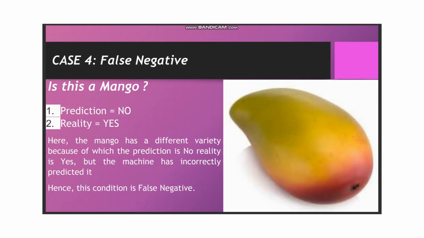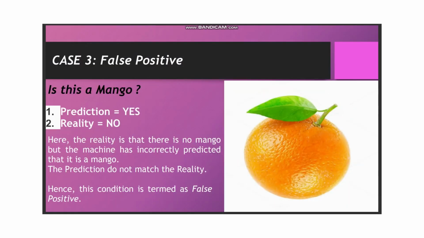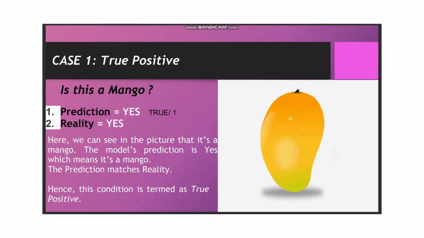That is FN. Now, let me tell you the trick to remember all these four cases, because everything ahead in this chapter depends on these four cases. See, you can see two words in each case. Considering the first word, it has only two options, either true or false. So when will true come? True will come when both cases are the same.